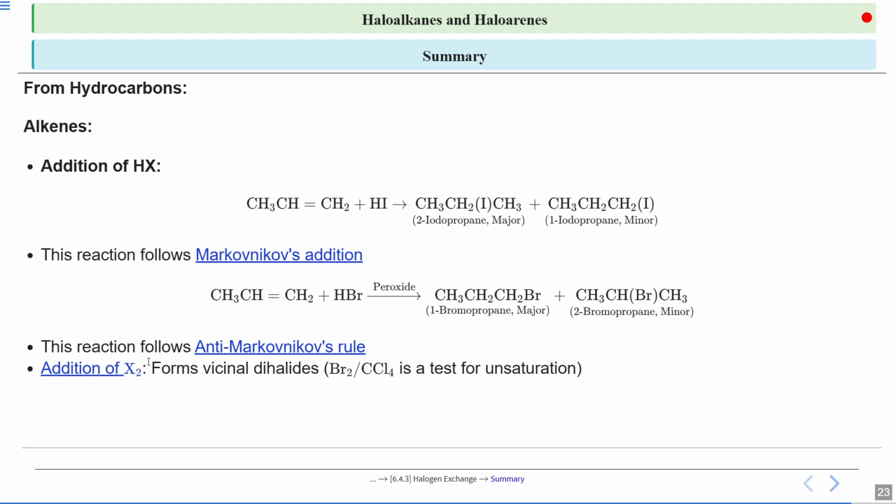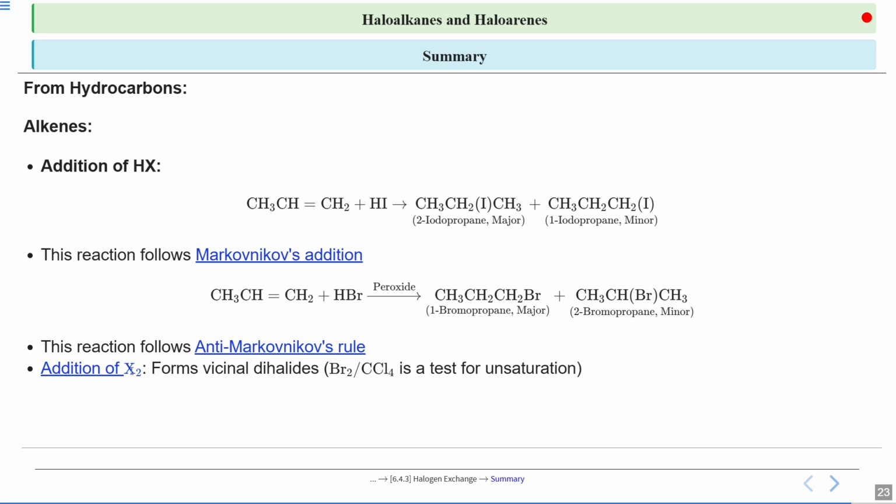Next is the addition of halogen molecules. When you add halogen molecules to alkenes, they form vicinal dihalides, and Br2 in CCl4 is a test for unsaturation of the reactant, the alkene, because it discharges the color of the bromine solution when you add it to the alkene in CCl4.